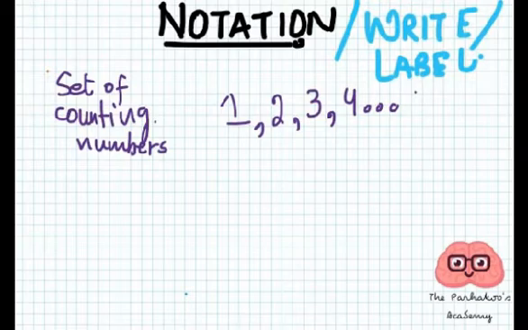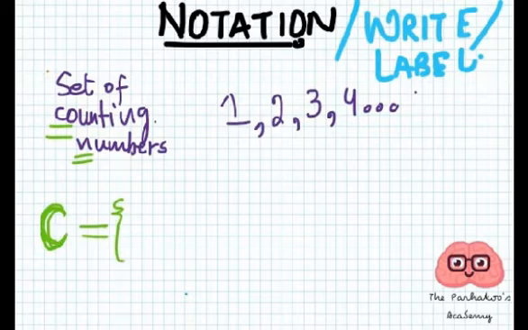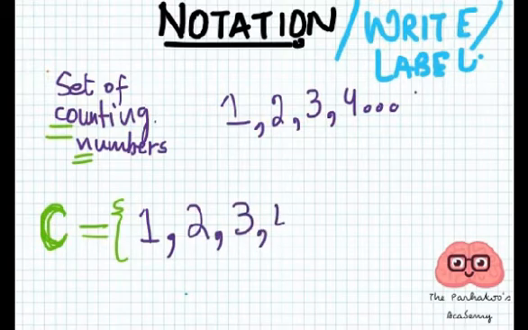Since it is counting numbers, you can choose the name C, or you can choose A or N, whatever, it's up to you. Then equals to, then parenthesis, and now it's time to write all the elements. So 1, comma 2, comma 3, comma 4. Now it goes on and on.